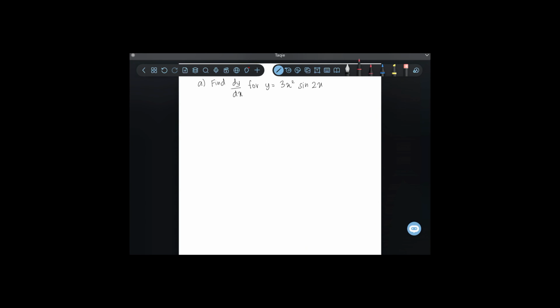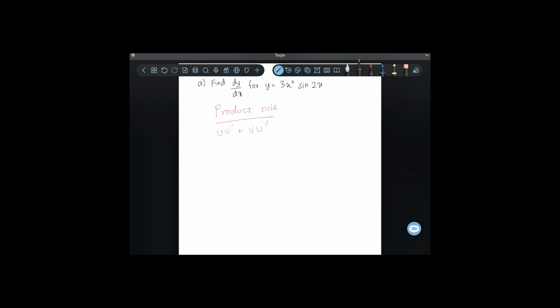Today I want to show how to solve this problem. The question is: find dy per dx for y equals 3x squared sine 2x. We need to use the product rule in this question because it has a multiplication of two functions. The formula is u v prime plus v u prime.